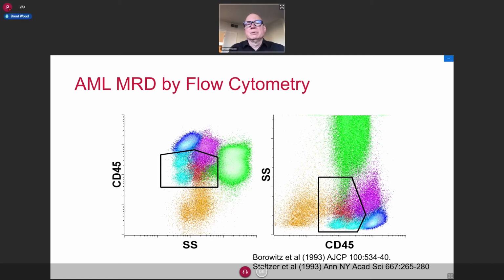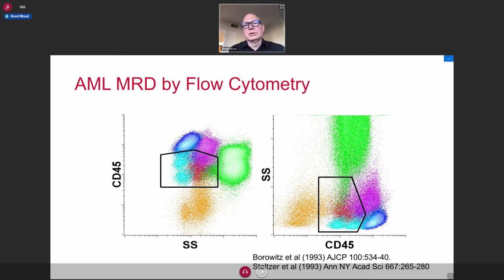Also, we don't have simple lineage-associated antigens that we can use like we have in B or T lymphoblastic leukemia as a starting point. So in B-ALL, we often use CD19 or perhaps CD22 or 24 as B cell-associated antigens. In AML, because we're talking about cells that in some cases are not even committed to a lineage, they're hematopoietic stem cells, we need a different kind of starting point or approach.